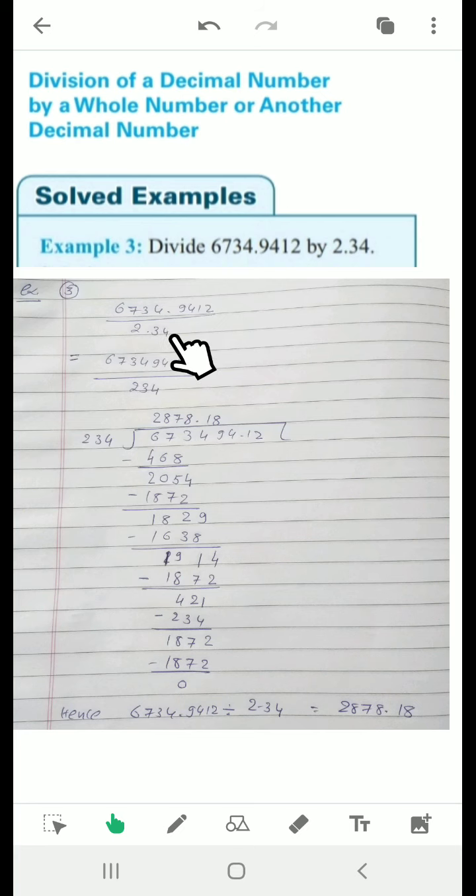So first of all I have written the question in the form 6734.9412 upon 2.34. Now listen carefully: we will count the number of decimal places in the numerator and denominator. In the numerator decimal places are 1, 2, 3, 4.